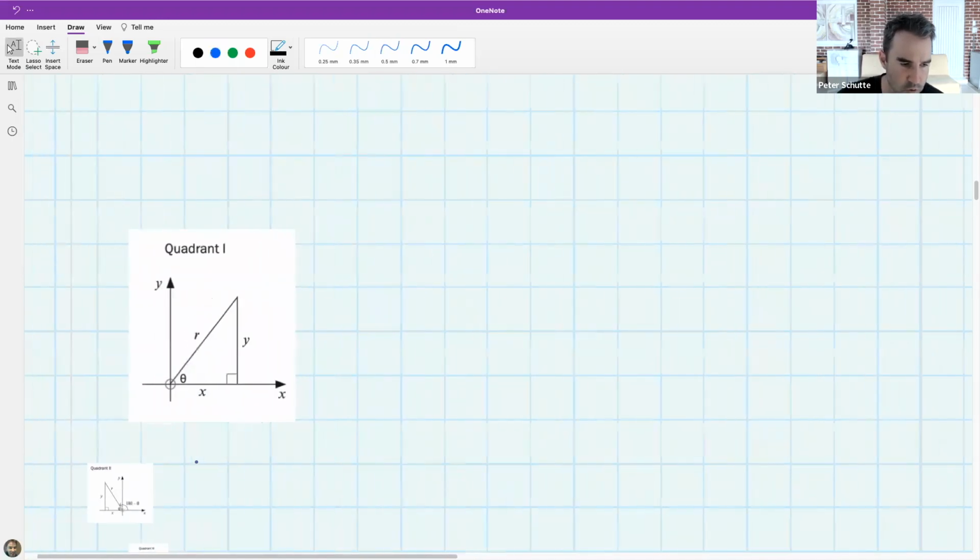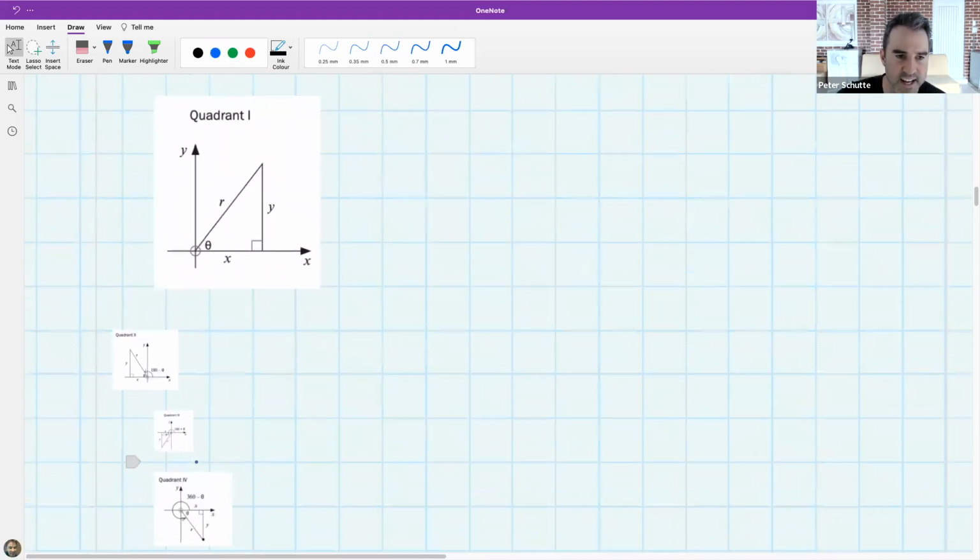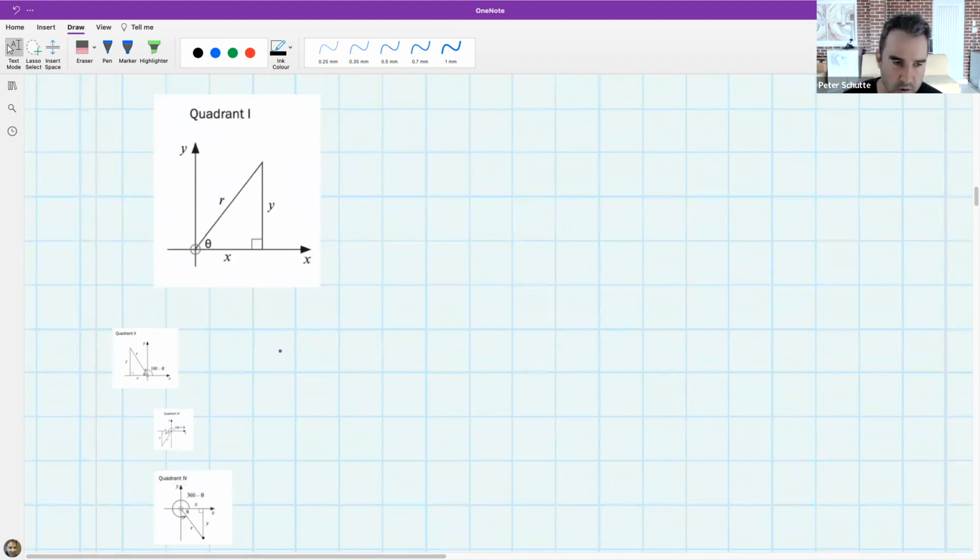So we're going to think about X, Y, and R as being the letters that define how this works.